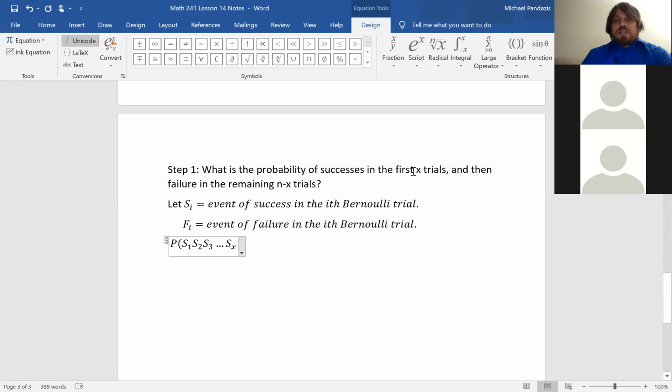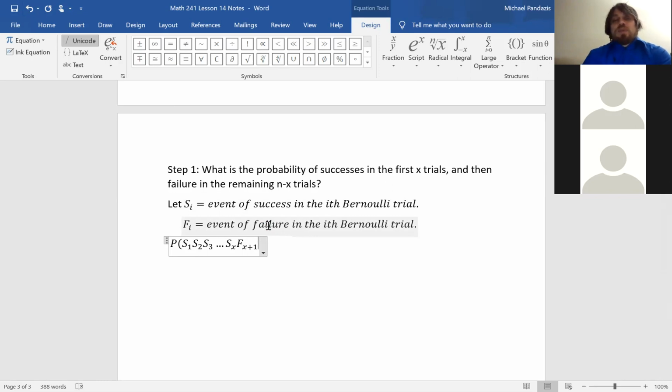You've succeeded in the first and the second and the third and the fourth, ... and the x. And then failure in the remaining n minus x. After the x trial, you now start failing all of them.